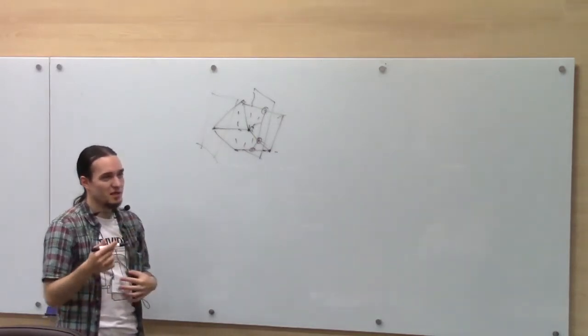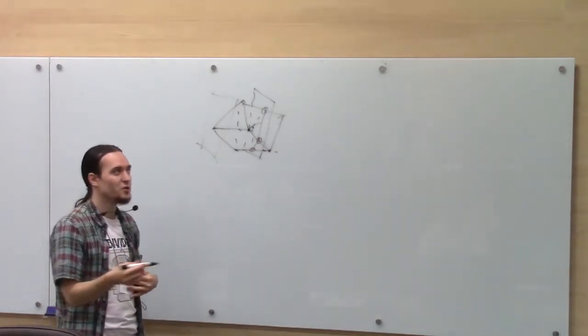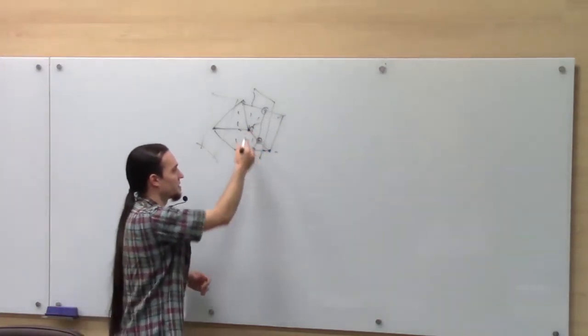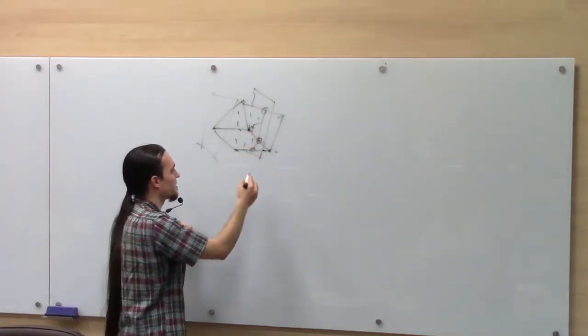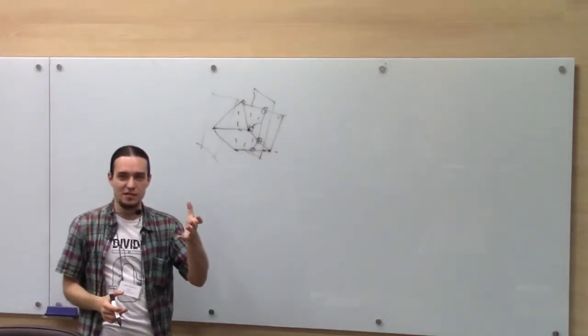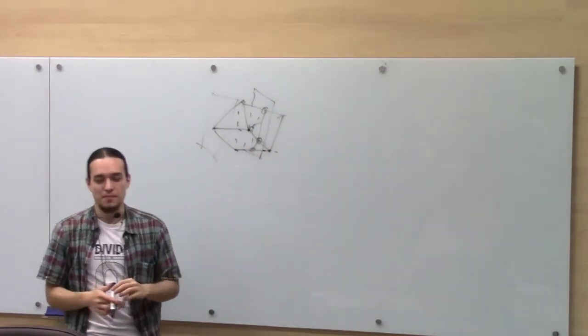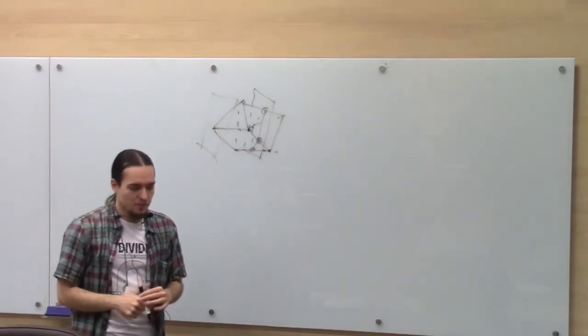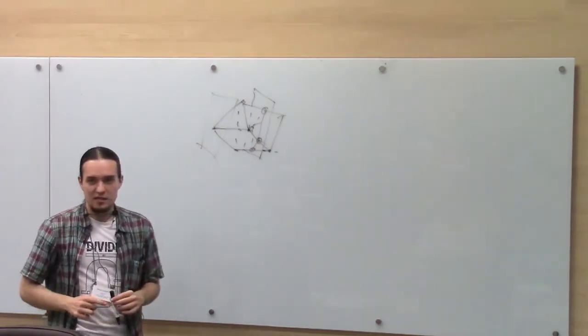Okay, so how do we distinguish an edge from a non-edge? Because there are some pairs that form an edge, and there are some pairs so that the segment is strictly inside the convex body, so that it's not an edge. The thing is, we don't exactly care.